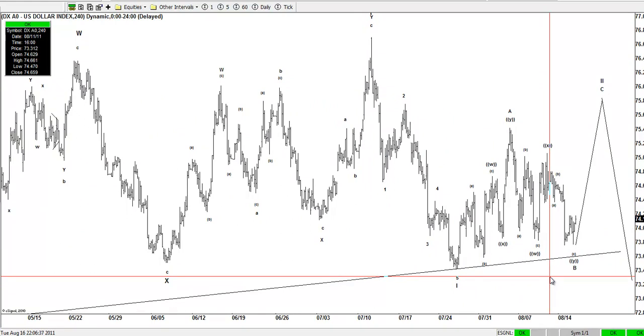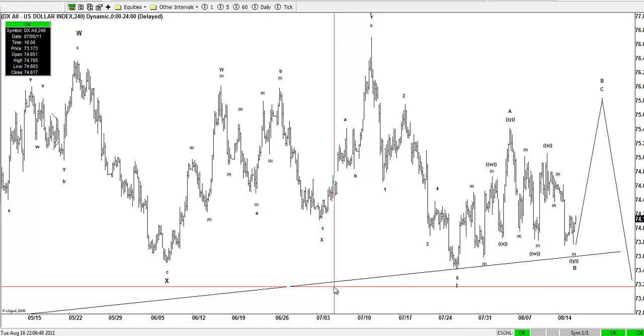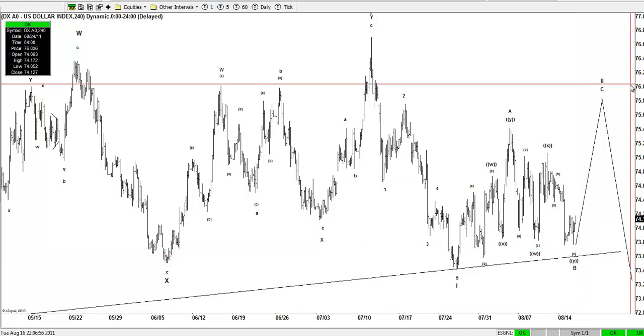To be honest with you guys, I would like to see this low, which is around the 73.40 area, hold. I want to see this trend line here, that today comes around the 73.60 area, to hold and bounce from there.